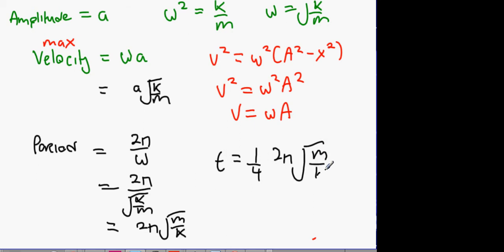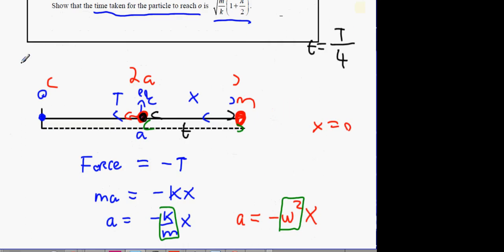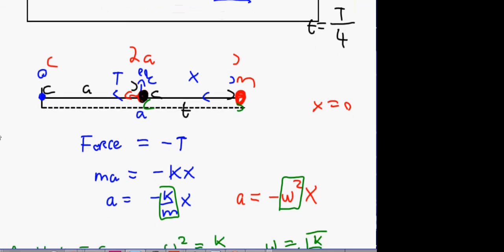Alright? When you go back up to the top, your velocity here we have. It now has to travel a distance a to get back to O. So remember, it's undergoing linear motion. So distance, time equals distance over speed, or distance over velocity.